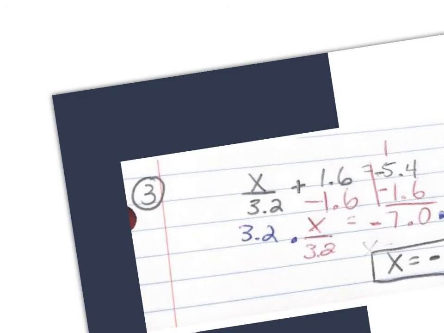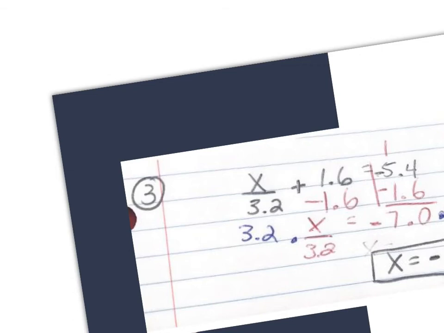And I would carry down the x over 3 2/10 on the left-hand side, and on the right-hand side, your integers, if you have the same sign, you have to add. So negative 5 4/10 plus negative 1 6/10 equals negative 7. All right, so we're left with x over 3 2/10 equals negative 7.